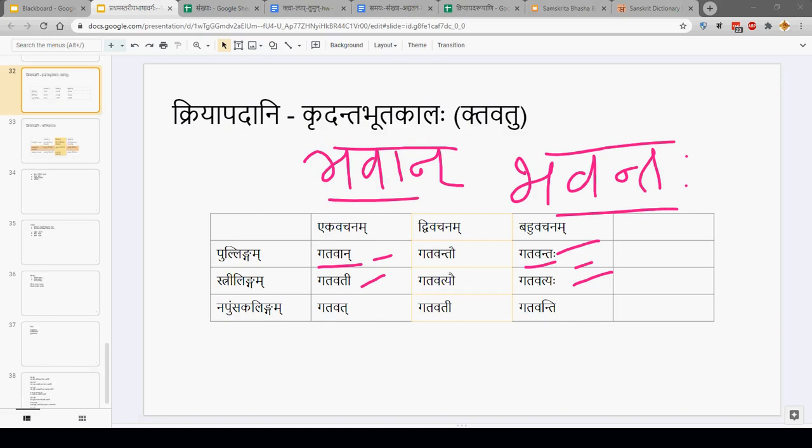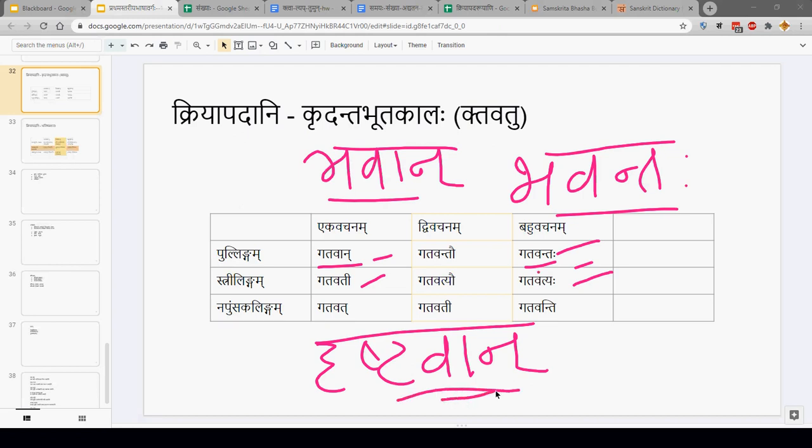So similarly, anything with Van, Vantaha, for example, Drishtavan. So, I saw. Drishtavan, he saw. Aham chitram drishtavan. And Vayam chitram drishtavantaha.